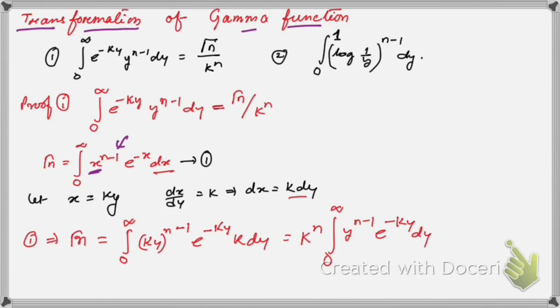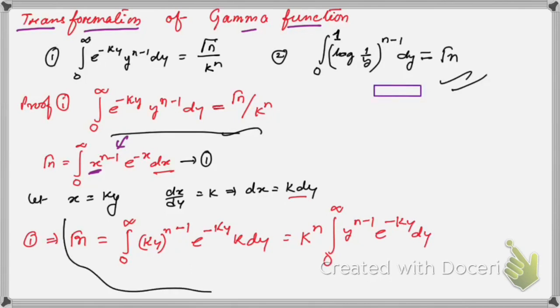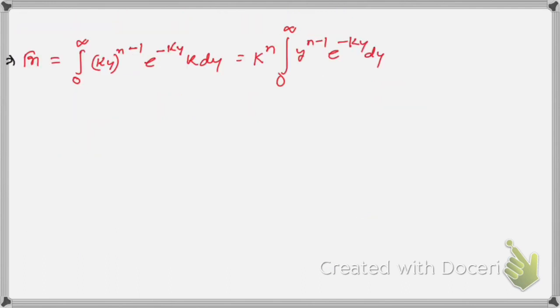So now let me copy this last step and go to the new slide. So this is the last step we have got, and this implies, if you bring this k to the power n here, then you will get this result, right?